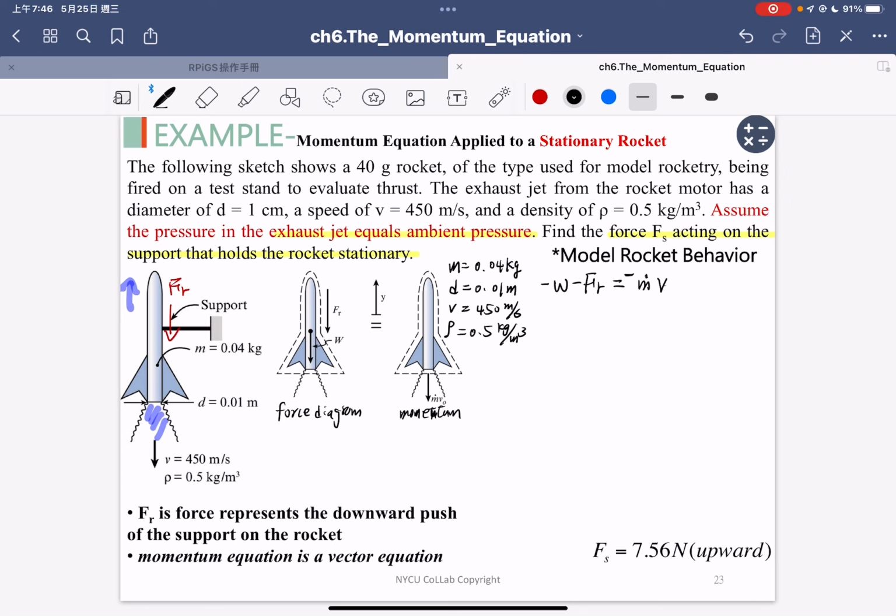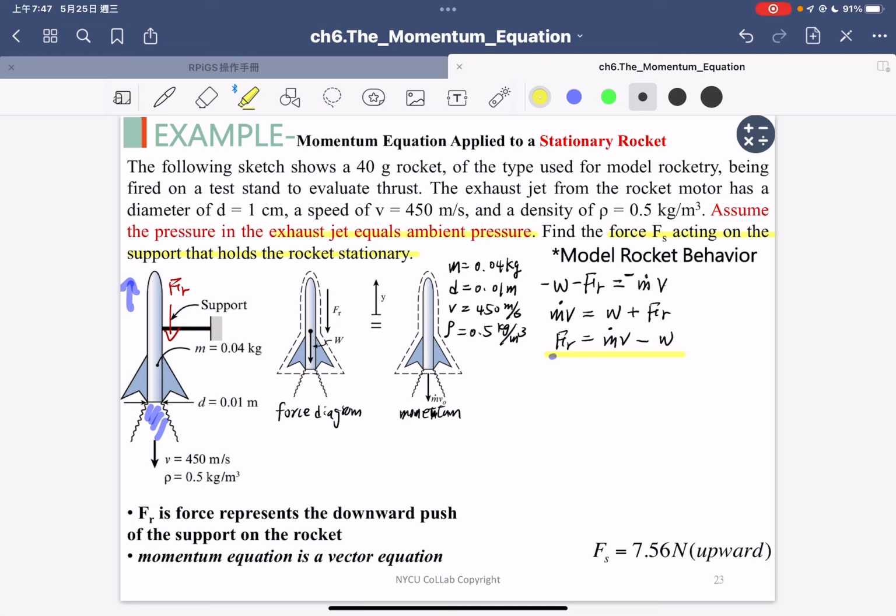So we just reorganize the equation. So the mass rate times v will equal W plus Fr, and Fr will equal the mass flow rate times v minus the weight. So this is our equation.